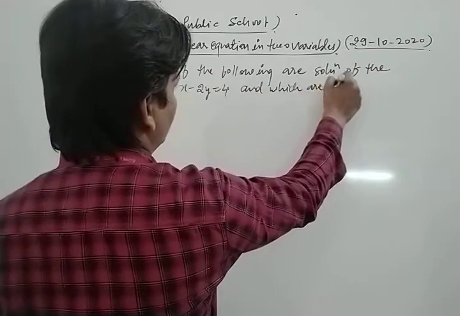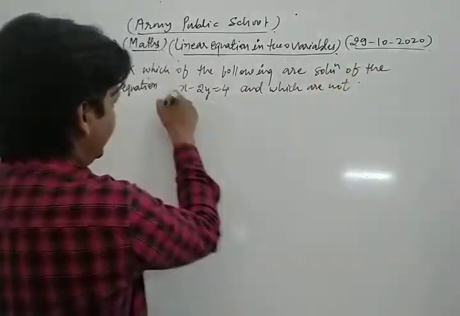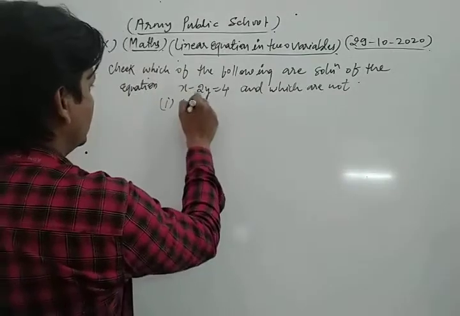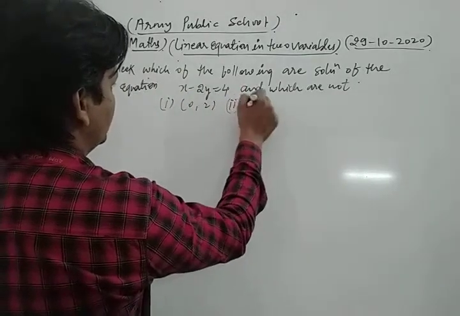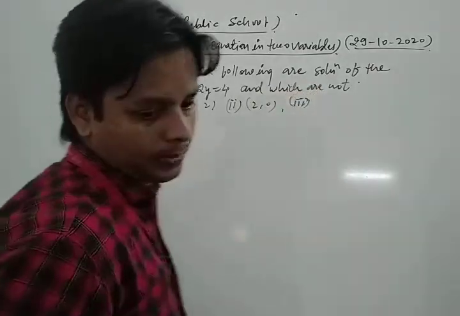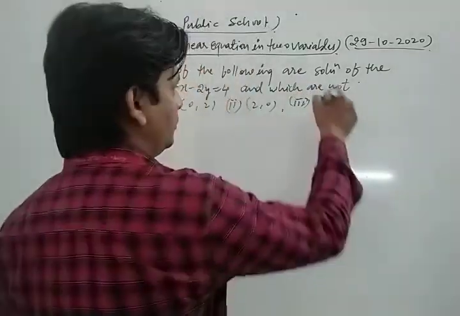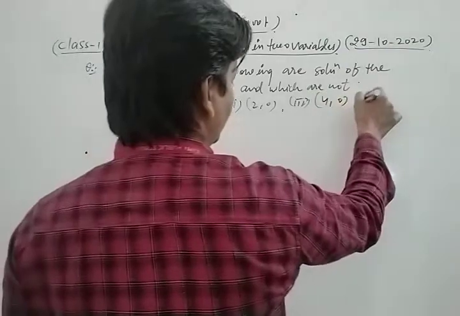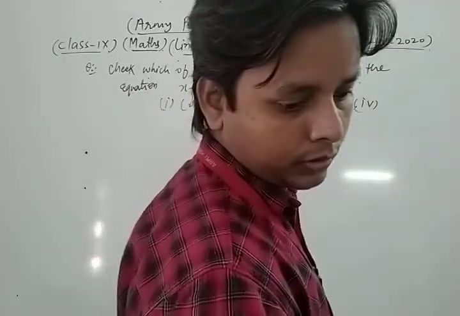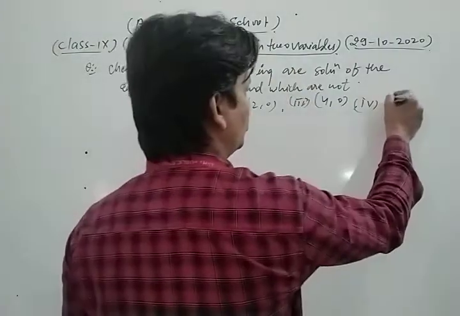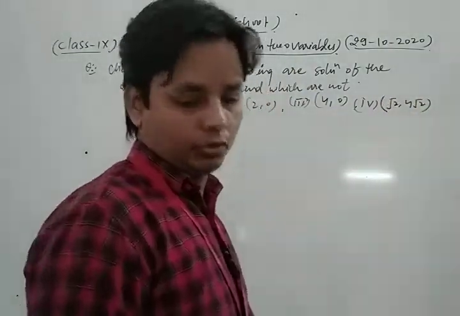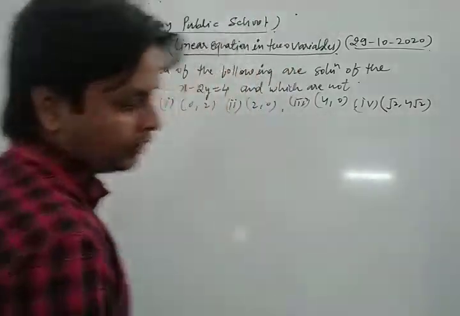Your first option is 0, 2, second one is 2, 0, third one is what? 4, 0, fourth one is what? Root 2, 4 root 2, fifth is what? 1, 1.